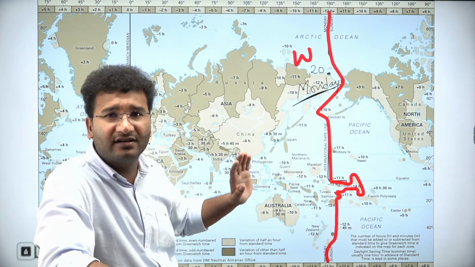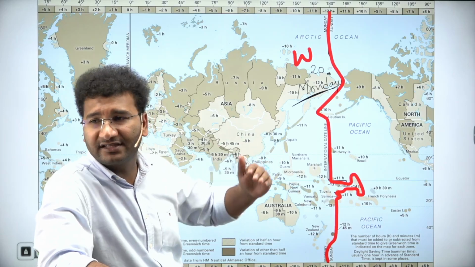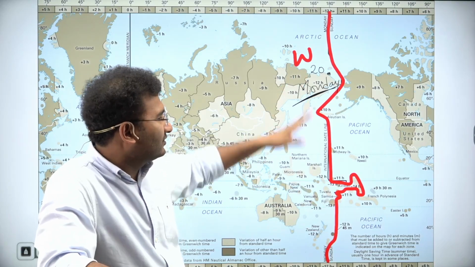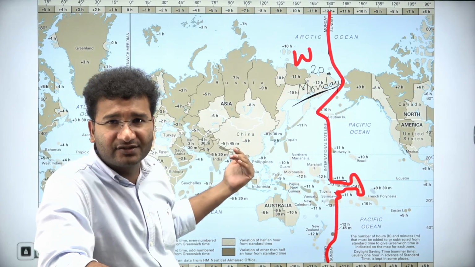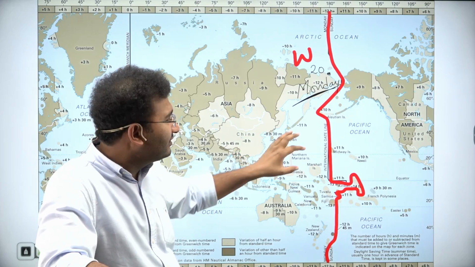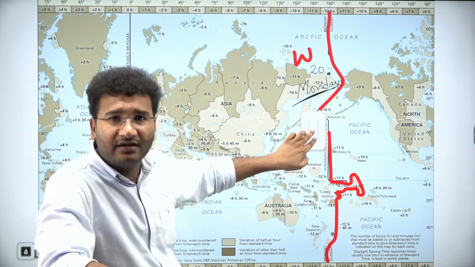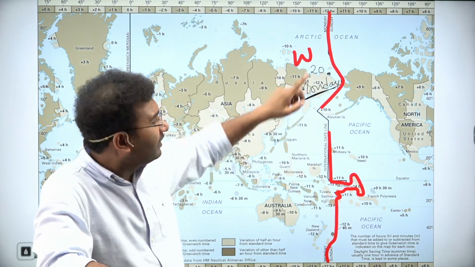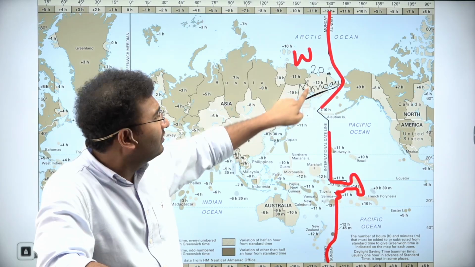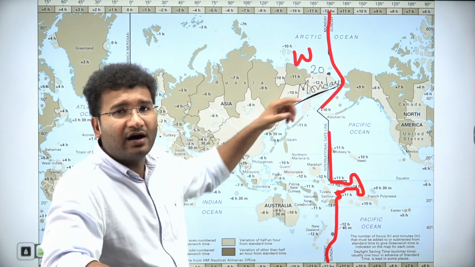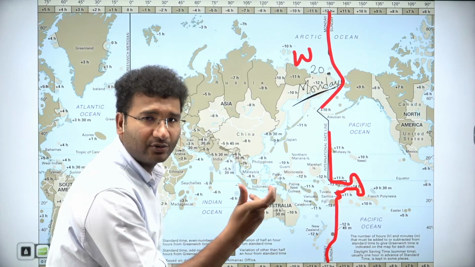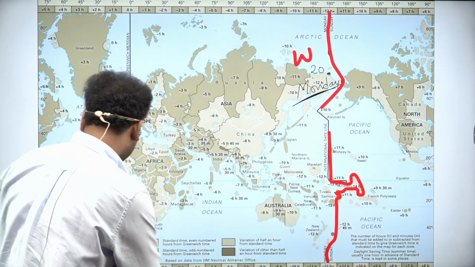It is always said that the sun rises in Japan. It is just because it is one among those countries which will see the sunrise first, right? So we said that let's start the day here. If it is Monday, Monday will first start here, and let's call it 20. So after some time the earth keeps on rotating, right? It is like this.